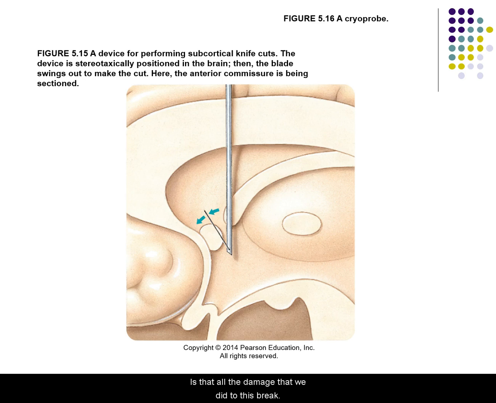Okay. Is that all the damage that we did to this brain? And the answer there would be no, because we have this instrument being fed through all of this neural tissue here. Okay. So in some cases there is damage due to that as well. We try to minimize it as much as possible, but it does happen.